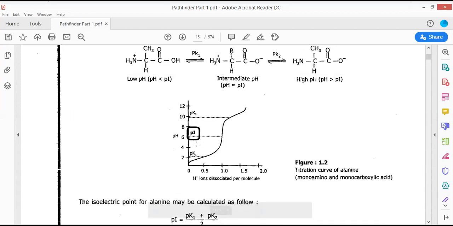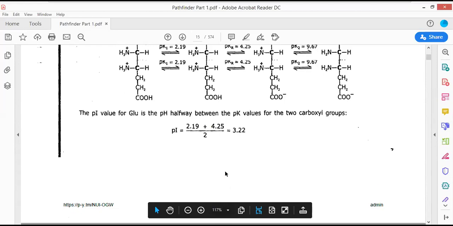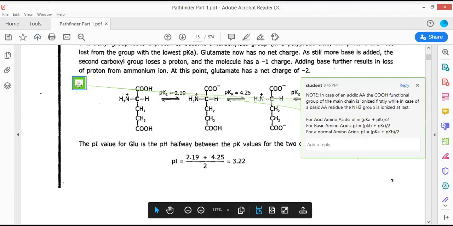So there you will get pK1, pKr, pK2, and the isoelectric point will be present in between pK1 and pKr. That means here there would be an isoelectric point for this acidic amino acid. And in the case of basic amino acid, what is going to happen?